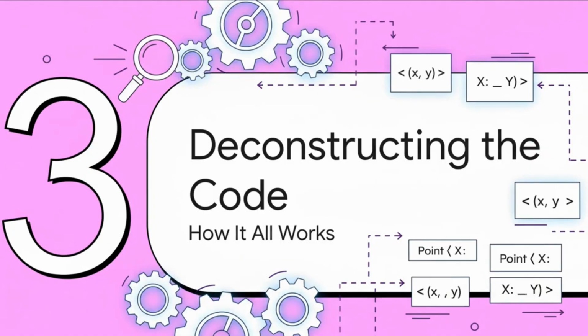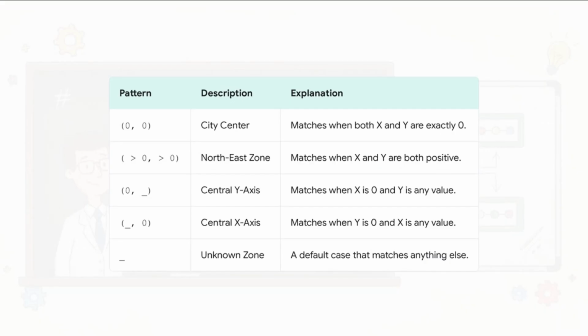Okay, that code looks amazing, but let's actually pull it apart piece by piece so we can really understand how this magic is happening. Let's decode these patterns. We start with 0, 0, which is just a simple constant pattern. It looks for an exact match. Then you have things like greater than 0, which are relational patterns.